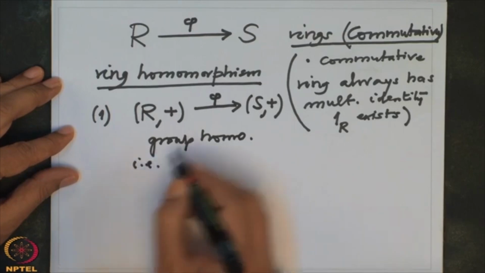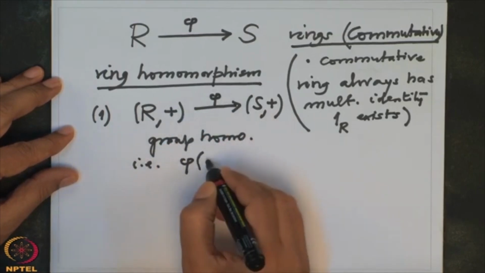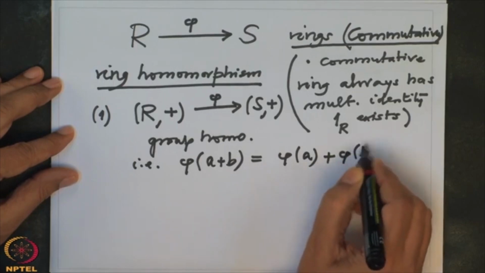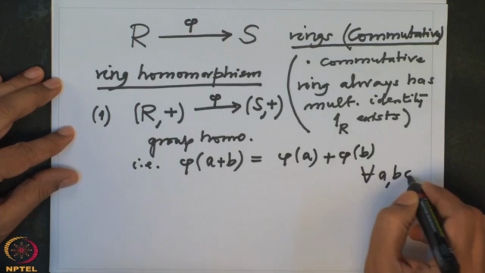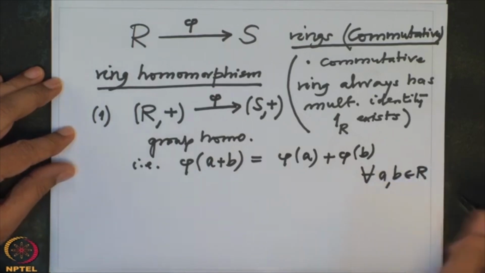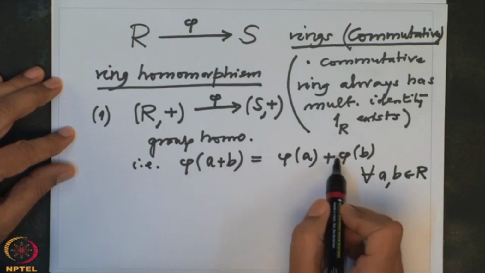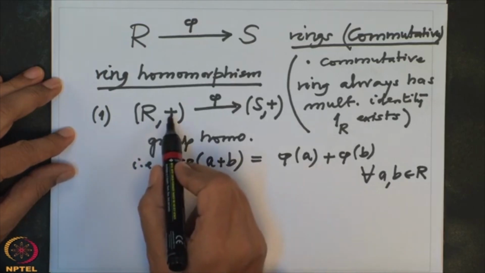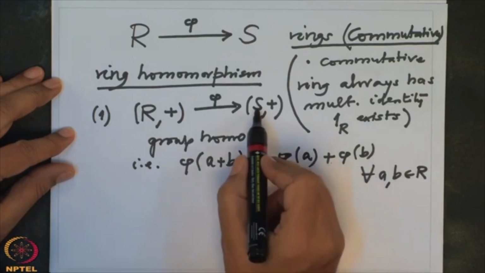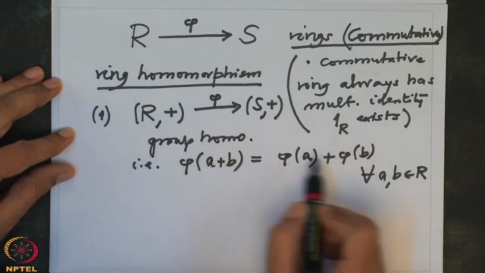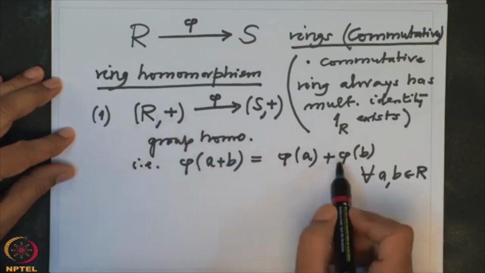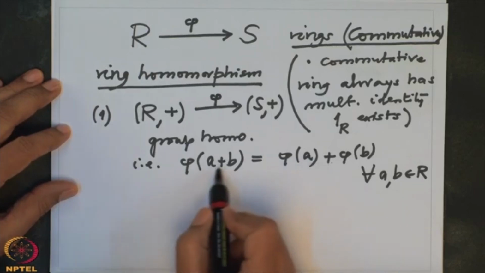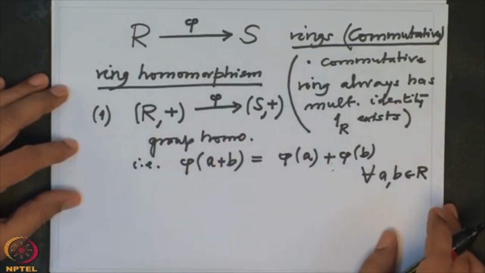That simply means that phi respects the addition: phi(a + b) = phi(a) + phi(b) for all a and b in R. So remember, while writing, one should be clear that when you write this plus, you are adding in R, and when you take the images and add them, you are adding in S. Though they look like the same symbols, this is in R and this is in S. This is clear from the writing.